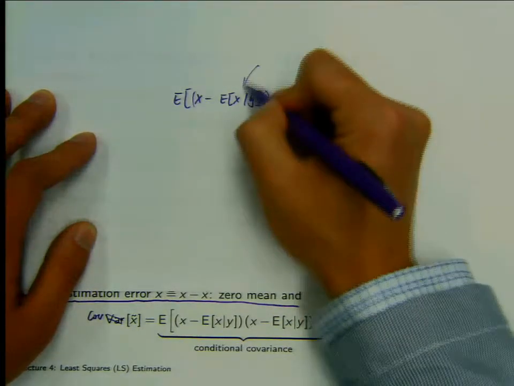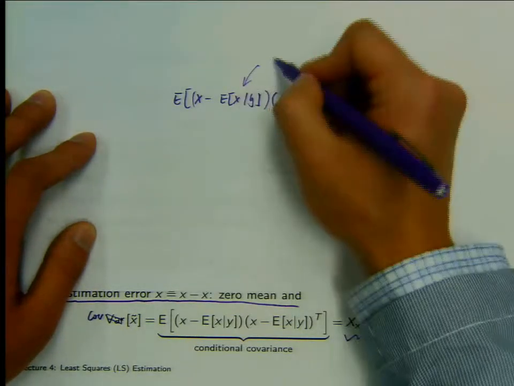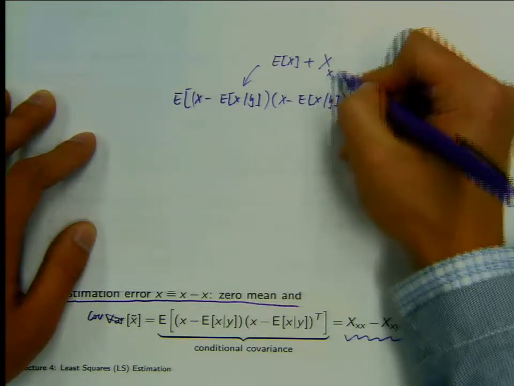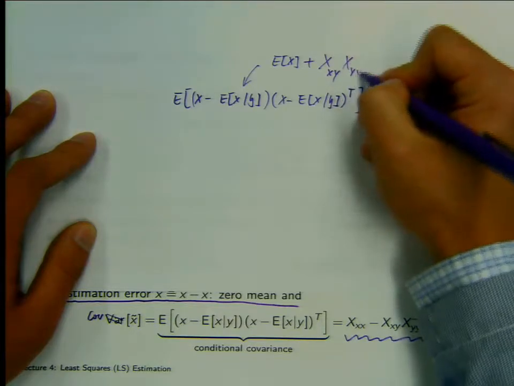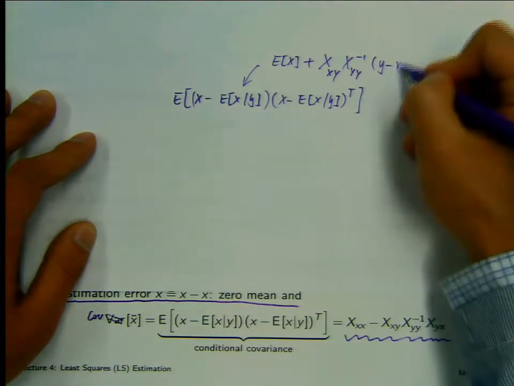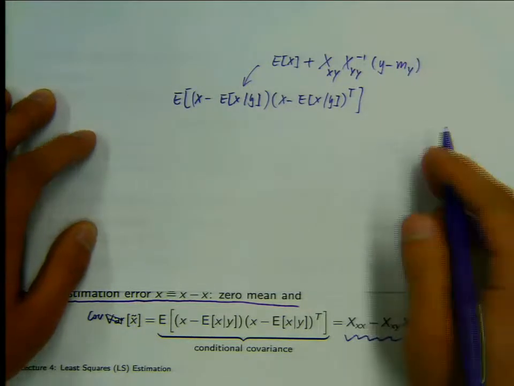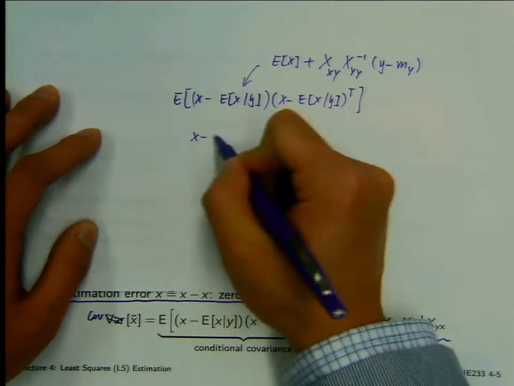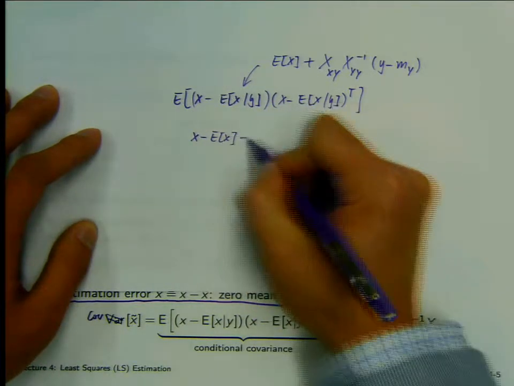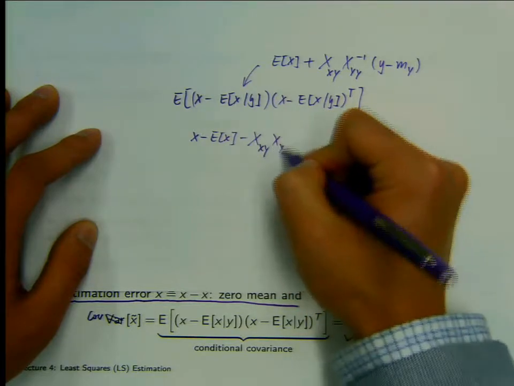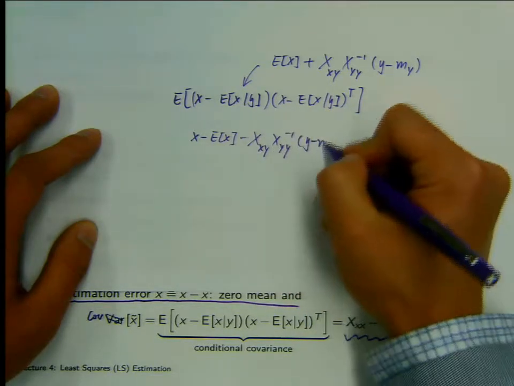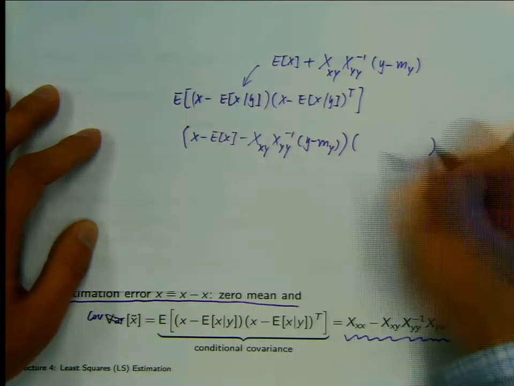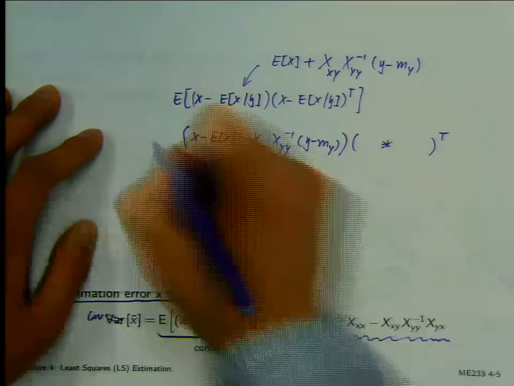We have seen that the conditional expectation equals the expectation of x plus the cross covariance between x and y, and then y minus expectation of y. Okay, just plug this inside. I'm going to get x minus expectation of x minus Σ_xy Σ_yy inverse times y minus expectation of y, then its own transpose.